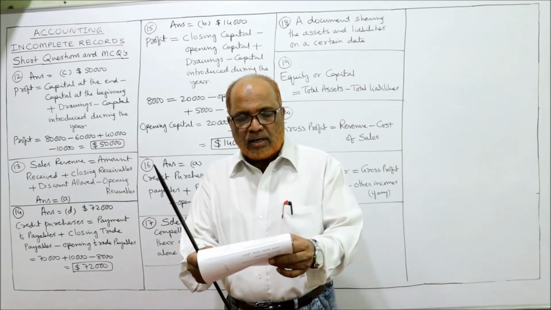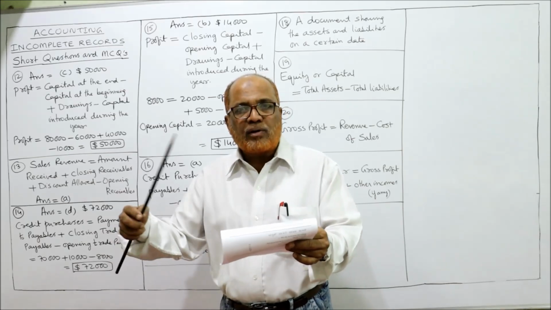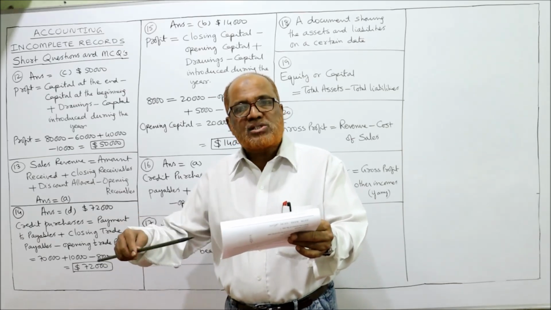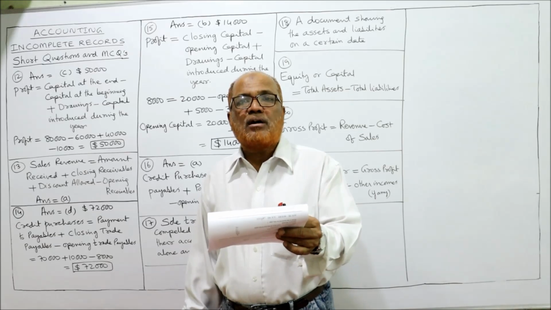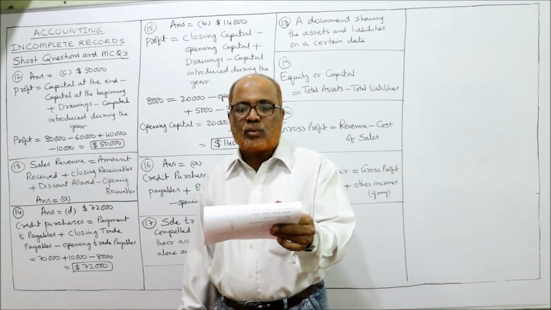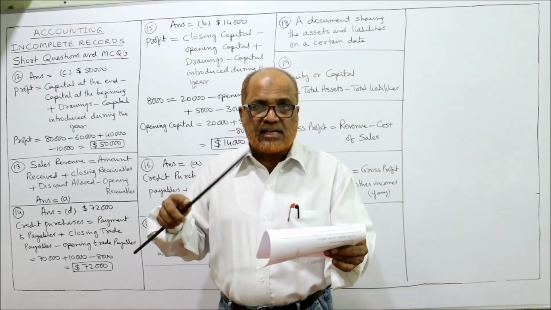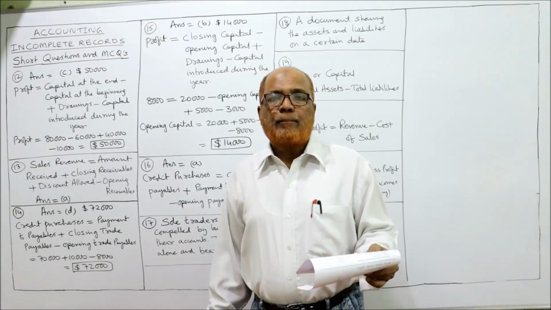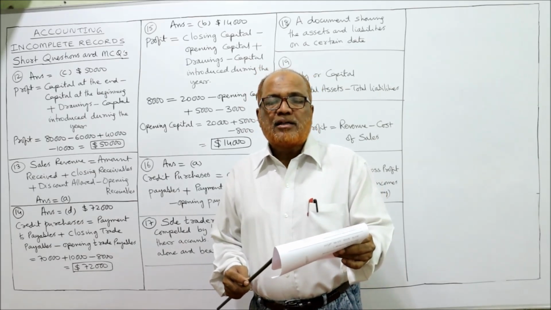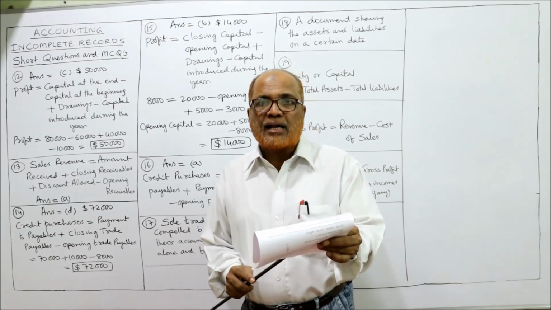So the formula for sales revenue is amount received from the customer. To this we add closing receivables, then plus discount allowed minus opening receivables. If sales returns are there, that sales return will also be added, but there is no sales return. So here the answer is A.